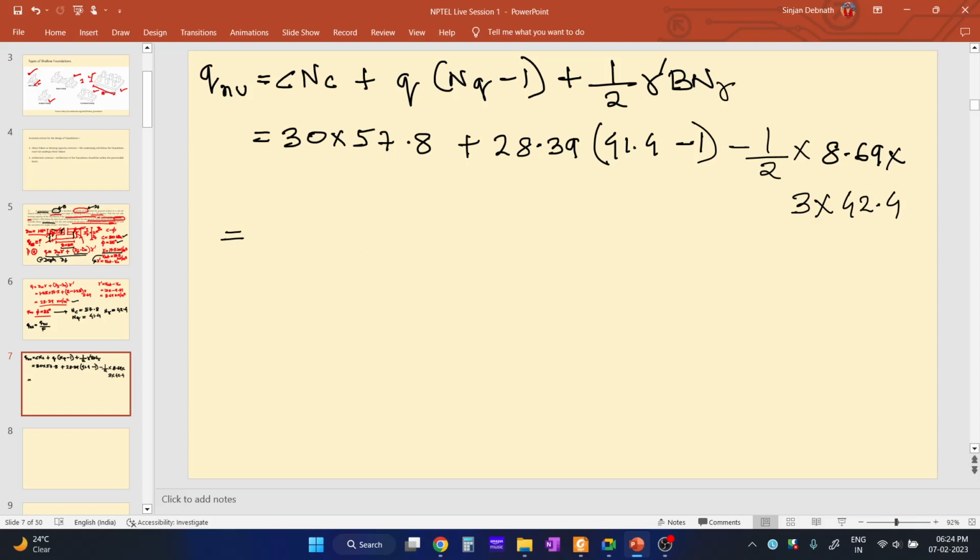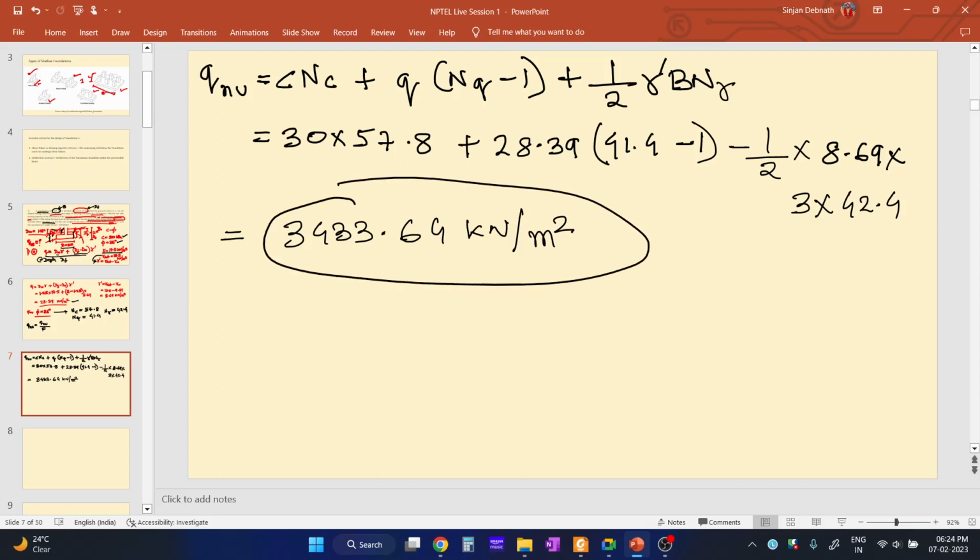If you calculate this, you will get 3433.64 kilonewton per meter square. I recommend you calculate this too, because I may be wrong. This is the value of net ultimate bearing capacity.